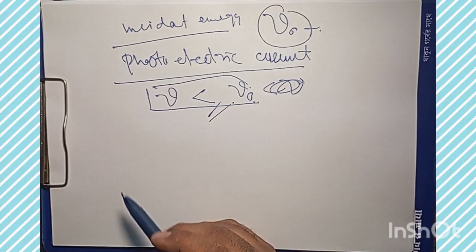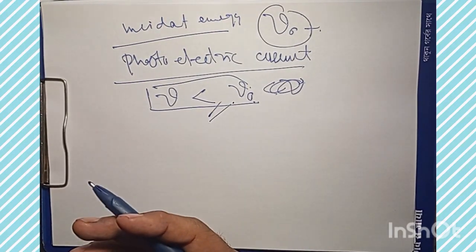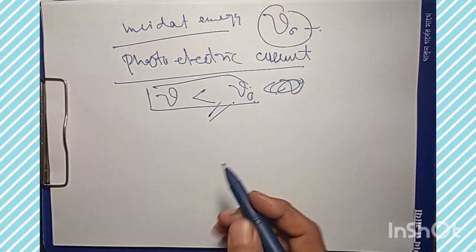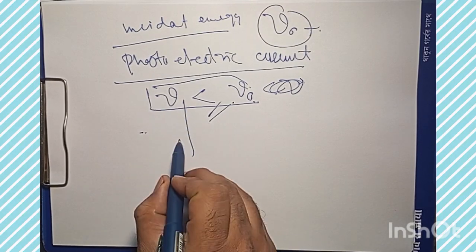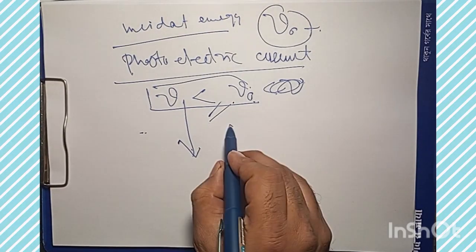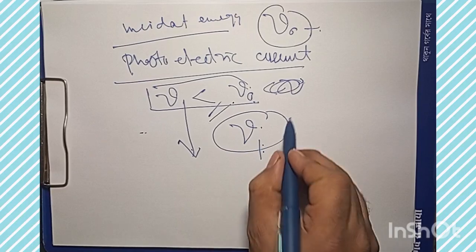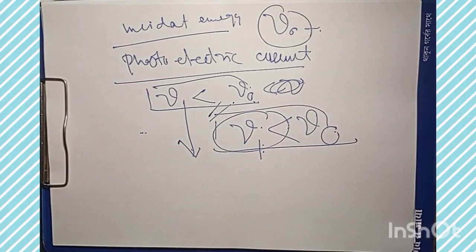So hence, we would say that this electromagnetic theory of light fails to explain the basic facts of photoelectric emission, and the very fundamental fact is this frequency: the emission is dependent on this frequency. If this frequency is less than this threshold frequency, there is no photoelectric current.